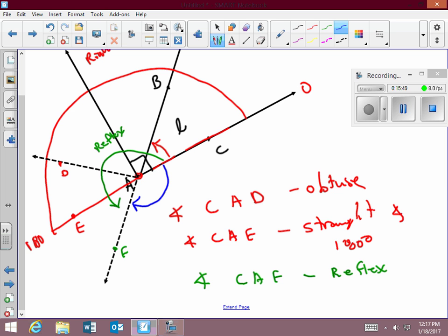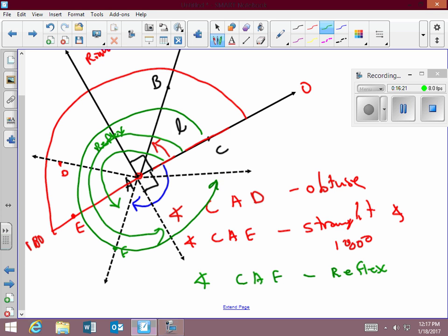And then, see, because any angle could be reflex, you could have this one or this one, where this is 90 degrees, and if you measured any of those from here, they're all reflex angles.